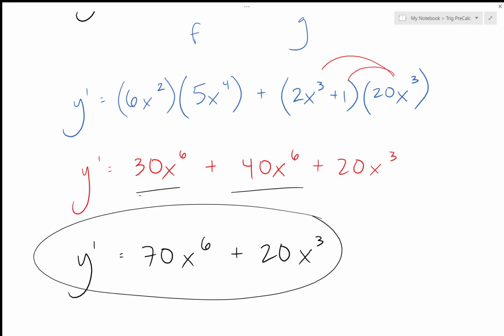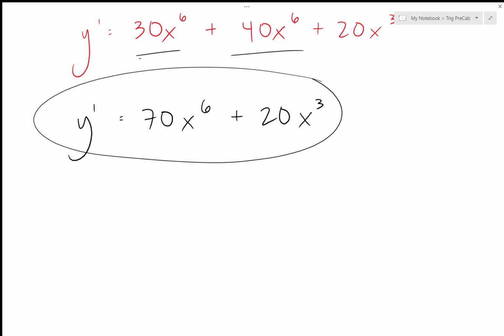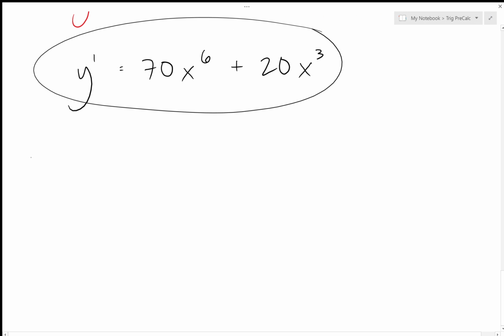Okay, let's take a look at a couple of trig functions now. So we're still going to use product rule, but now with some trig functions. So for example, let's say they give us y equals 5x squared times cosecant x.